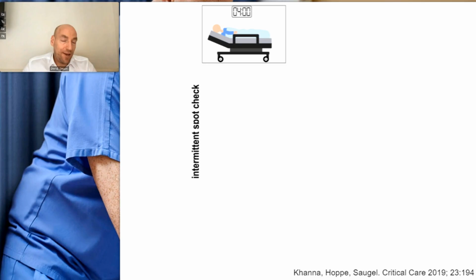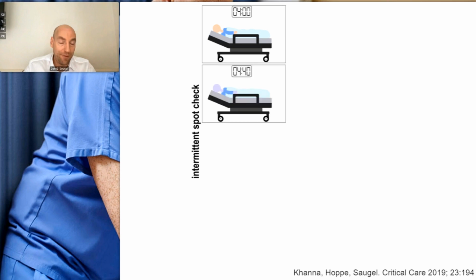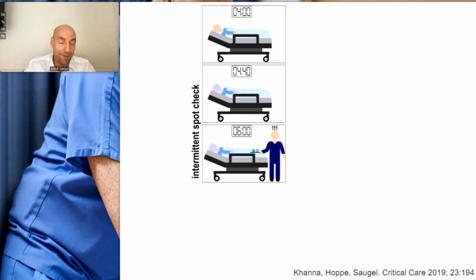And to illustrate this, I will show you this figure that represents a realistic scenario of what happens in many, many hospitals throughout the world, unfortunately, every day. So imagine a patient who is well at 4 o'clock in the morning, but at 4:40, he or she develops a respiratory problem, for example, gets hypoxemic, does not have enough oxygen in his blood, and that is only recognized a couple of hours later during the first round of the nurses in the morning, for example, at 6 o'clock.